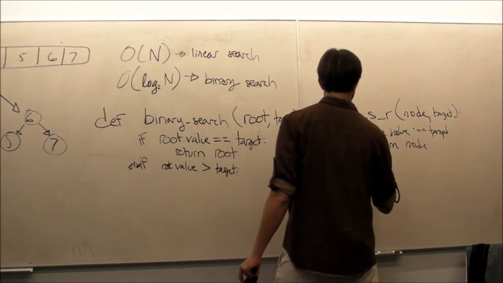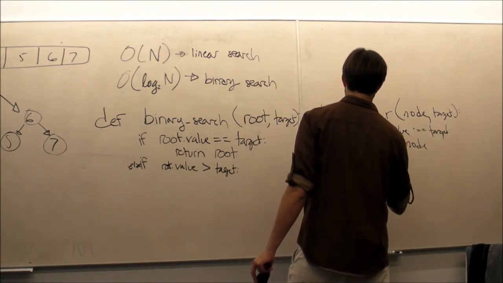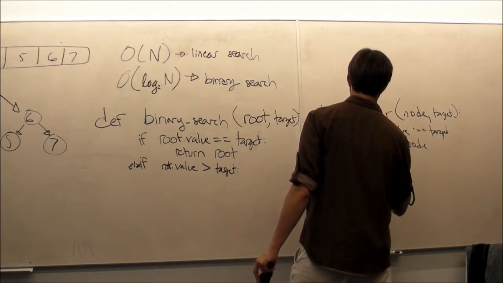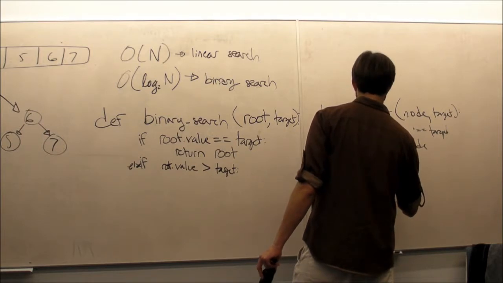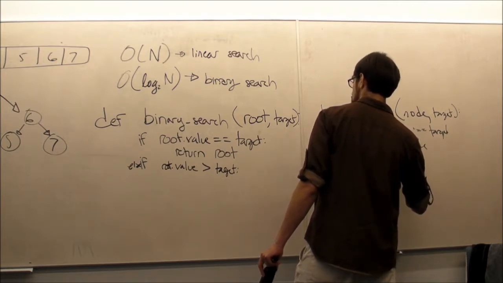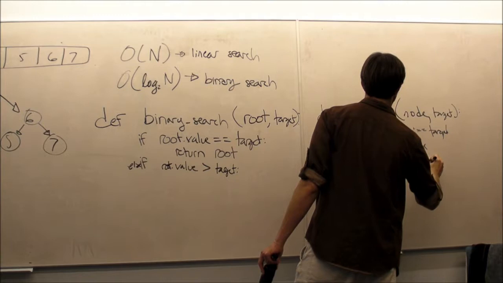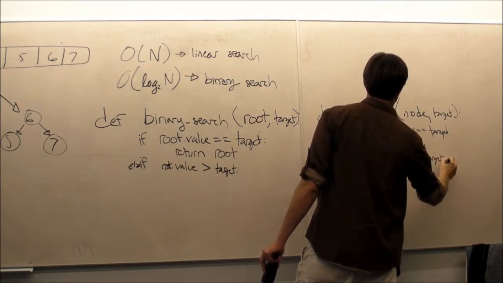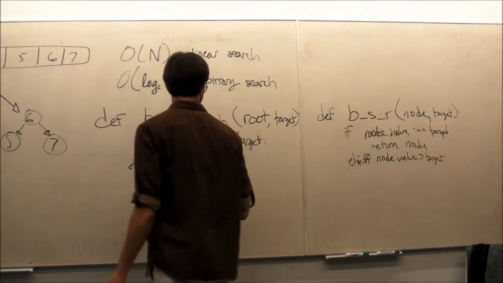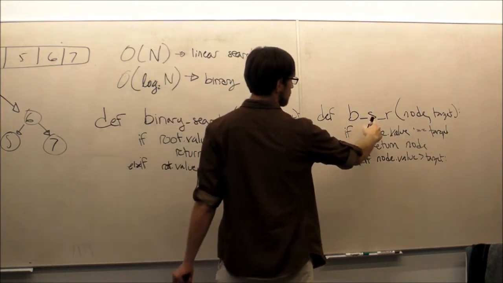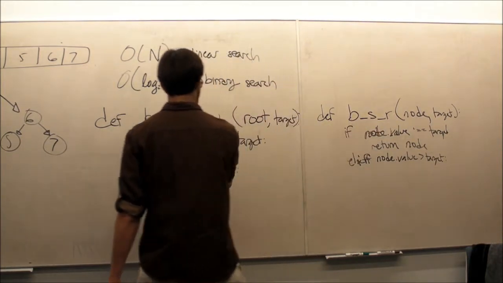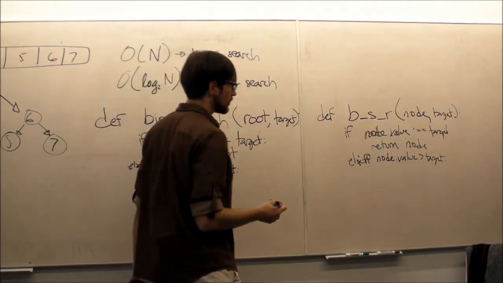So now we get to make our choice. This will be binary search recursive version. This will just be the binary search version that's not recursive.